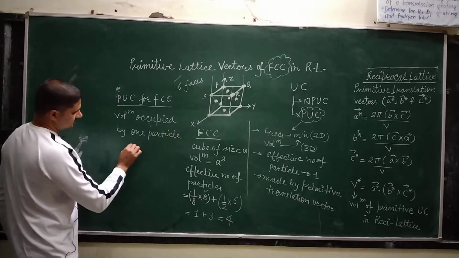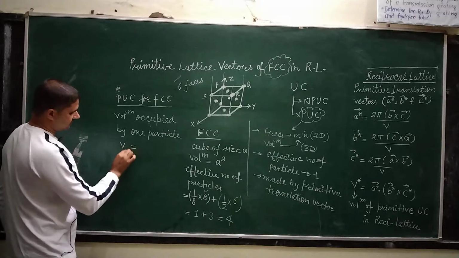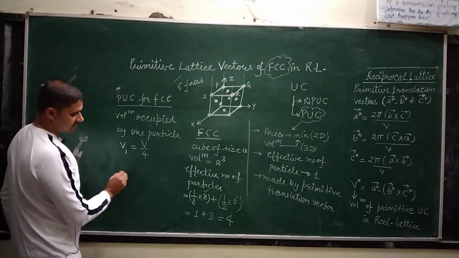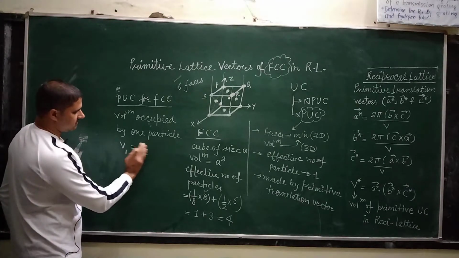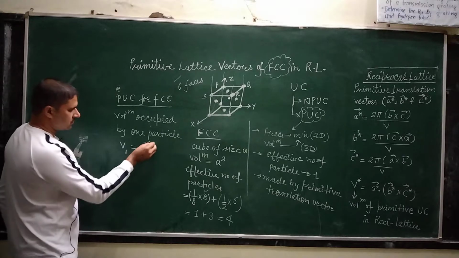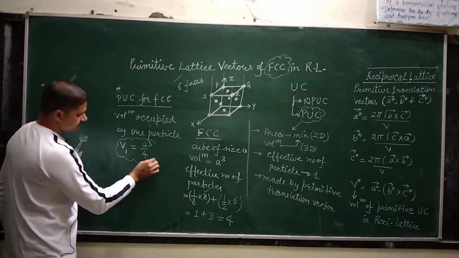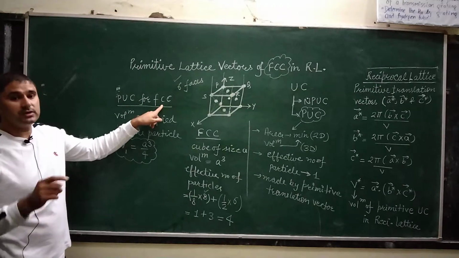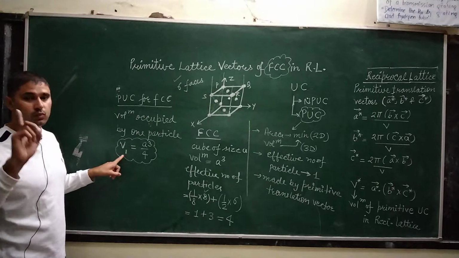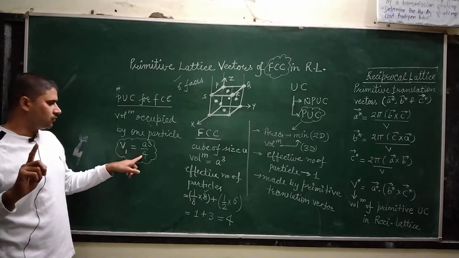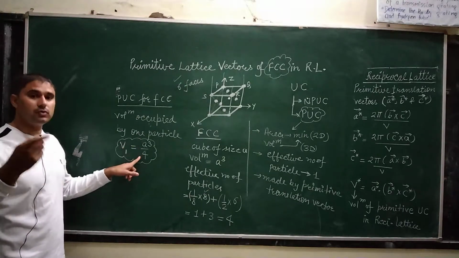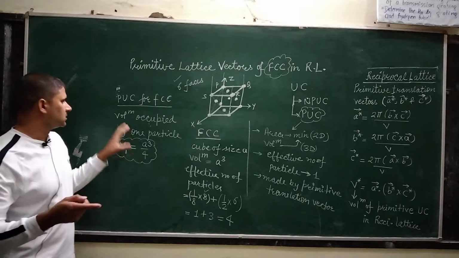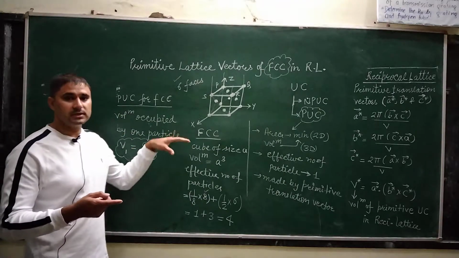I will write it V1. So the volume divided by the number of particles, and here the value of V is A cube. So the primitive unit cell for FCC will be that which has one particle, and the volume occupied is A cube by 4.